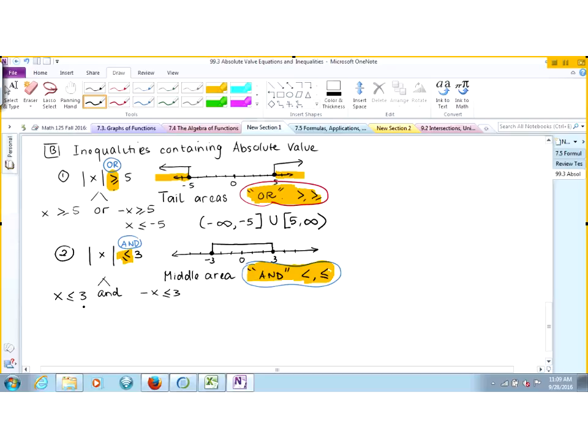So this one is x greater than or equal to negative 3. So if you graph this, how does it look? 3 is closed. The arrow points to the left. Negative 3 is closed. The arrow points to the right.